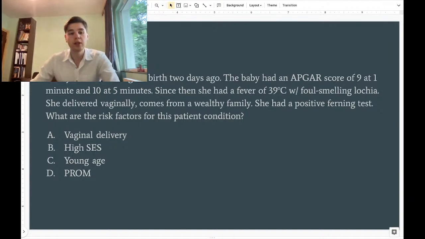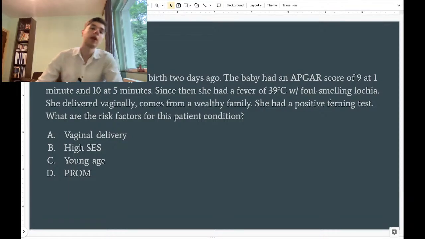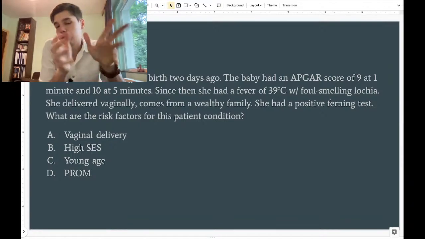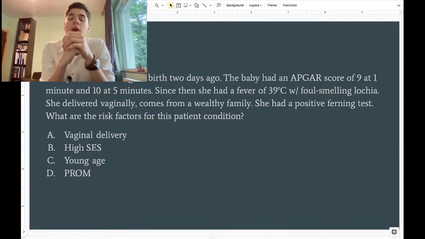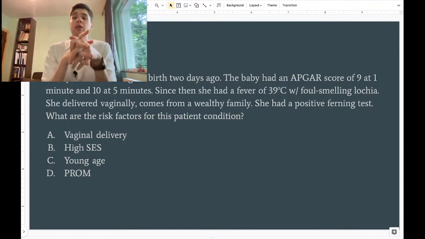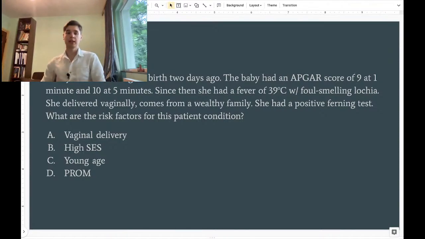Now, let's go to the next one. We have a 30-year-old female that gave birth 2 days ago. The baby had an Apgar score of 9 at 1 minute and 10 at 5 minutes. Since then, she had a fever of 39 degrees Celsius with foul-smelling lochia.